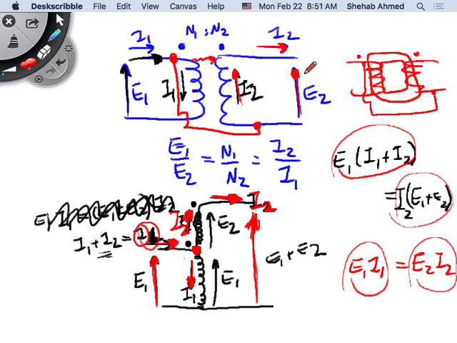Originally you were seeing 120 volts or 220 volts at the terminals of your socket at home. But if a short circuit happens between these two points, like this point here is this point, and this bottom point here is this bottom point, so a short circuit happens between this winding and this winding.